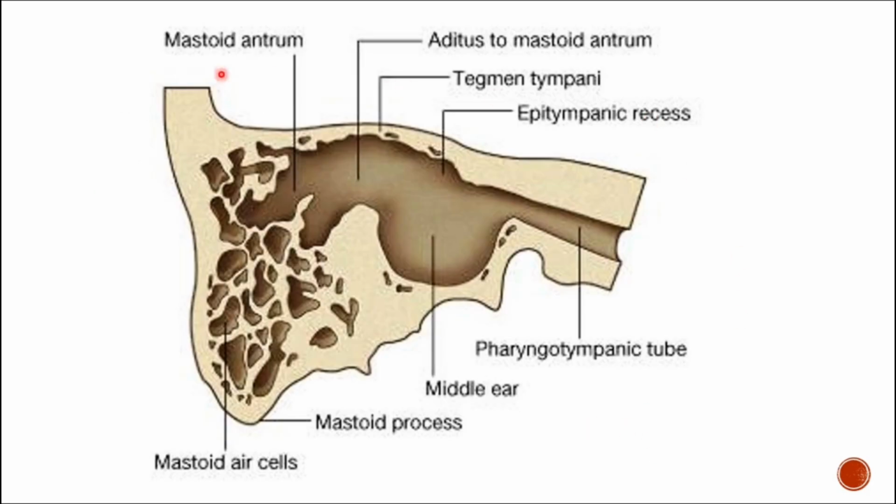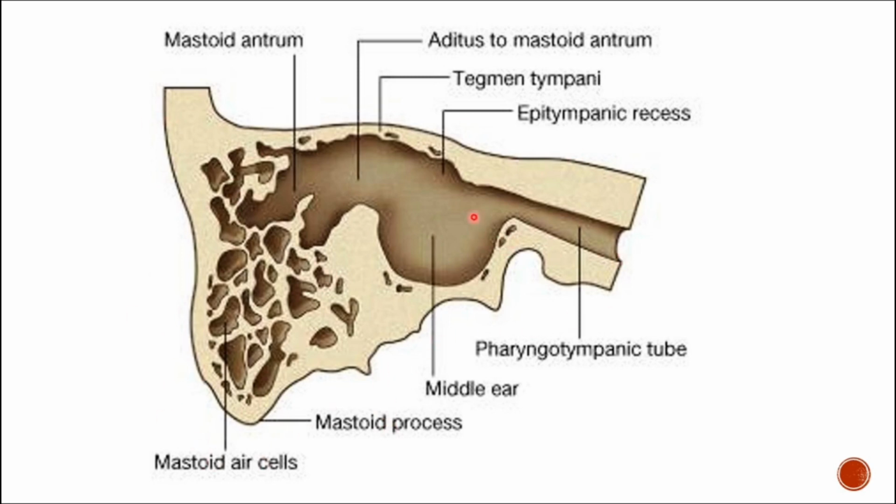This is the entire middle ear cleft which is being depicted here. This is the eustachian tube, and this is the middle ear cavity, the tympanic cavity. Then you have the aditus, the antrum, and the other mastoids. This entire cleft is called the middle ear cleft.